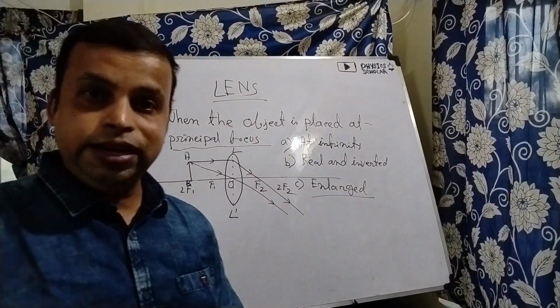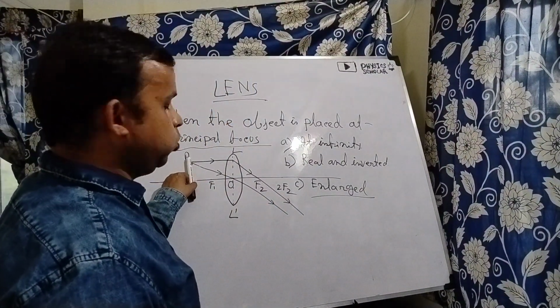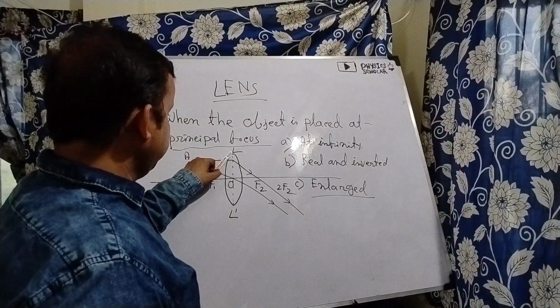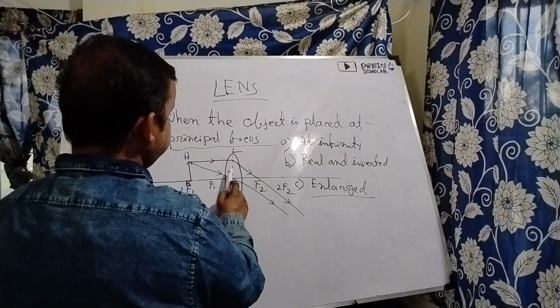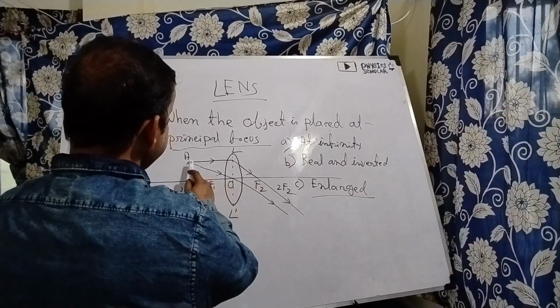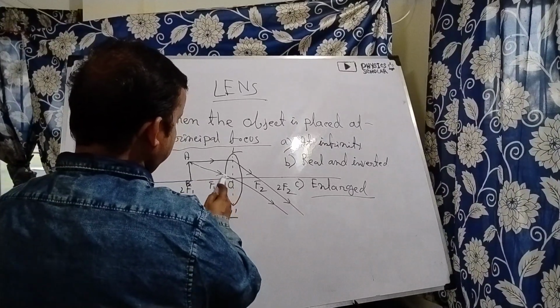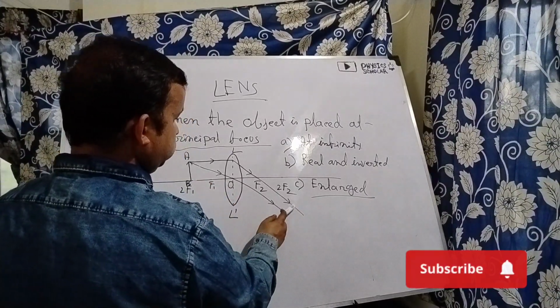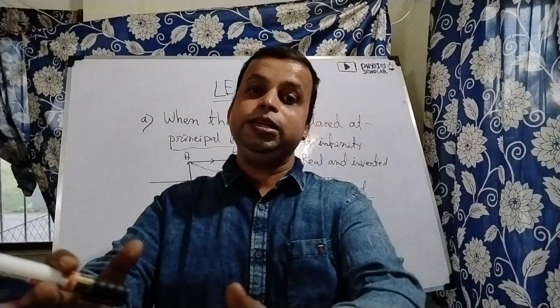Again I am explaining. When an object is placed at the focus of the lens, one ray parallel to the principal axis will move to the principal focus after getting refracted by the lens. Another ray passes through the optical center, so it will move straight. These two refracted rays will be parallel, which means they will meet at infinity.